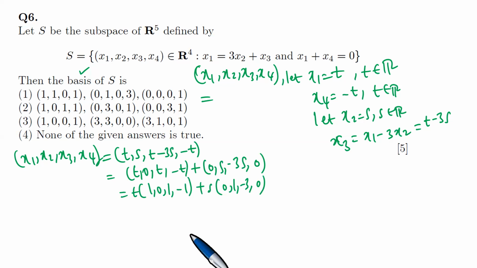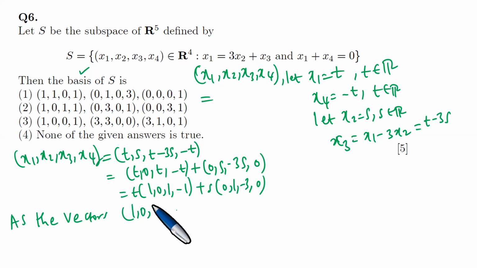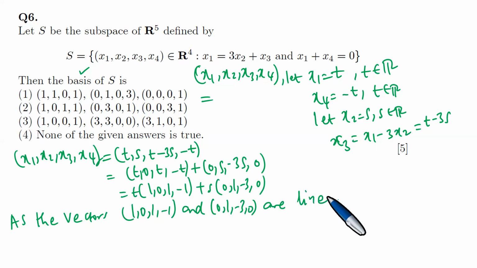These are linearly independent, as the vectors 1, 0, 1, minus 1 are linearly independent.